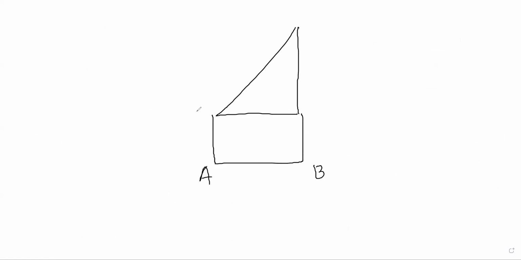ABC, this angle is theta 1, this angle is theta 2. Theta 1 plus theta 2 is equal to pi by 2. So this angle is theta 2, right? Correct. This angle is theta 2 and this angle is theta 1.